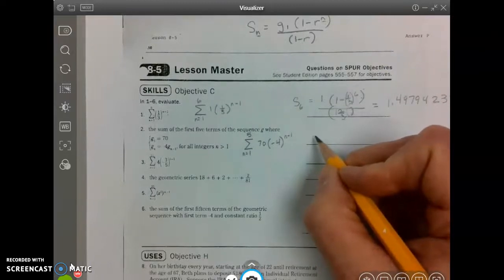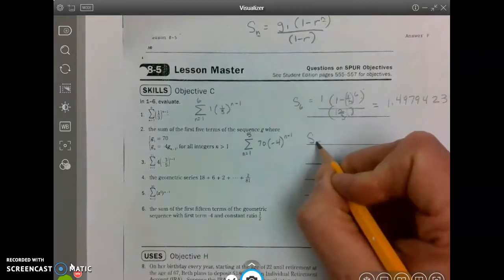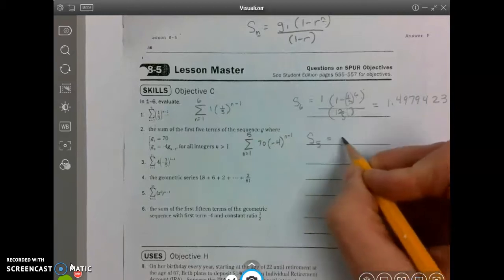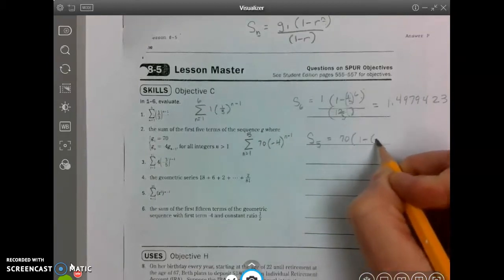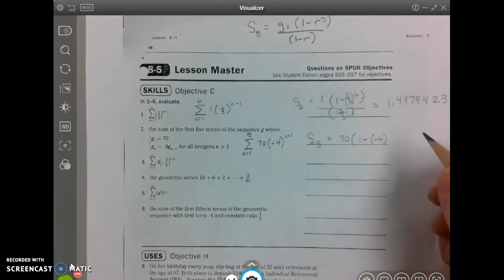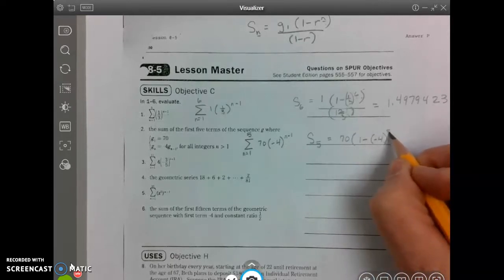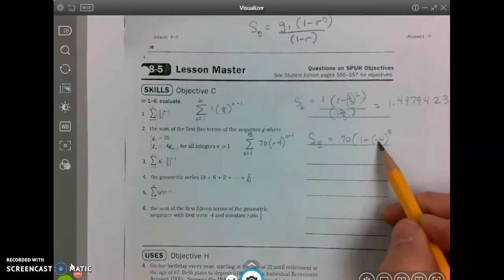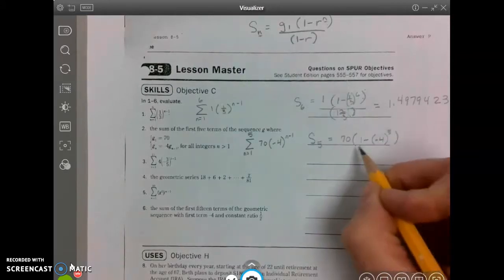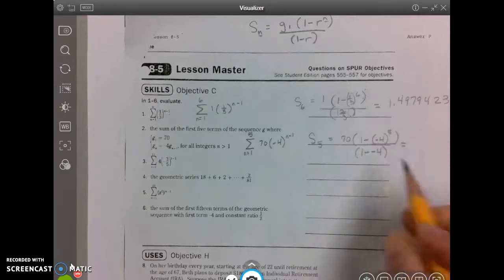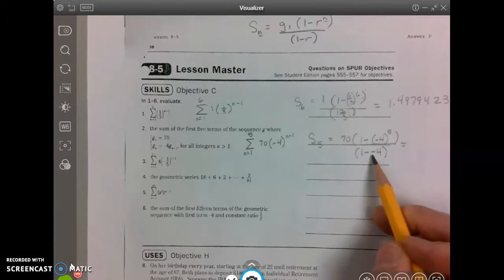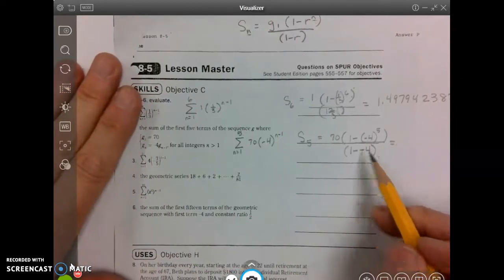So for my geometric series, that would be S sub 5 equals, the first term is 70, 1 minus, make sure you protect that -4 with parentheses, because you want to make sure that that negative sign is raised to the power as well, all divided by 1 minus -4, which is, of course, in the denominator going to become 1 plus 4, or the number 5.